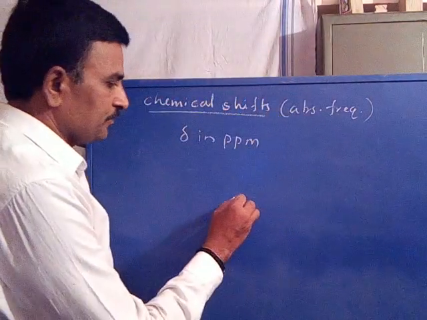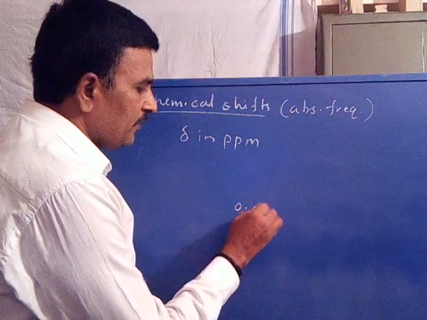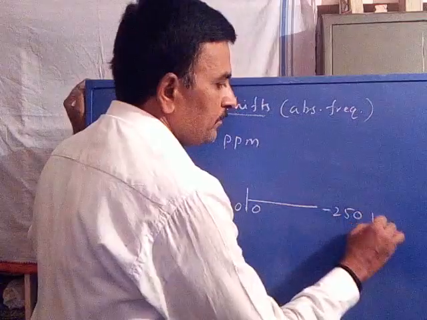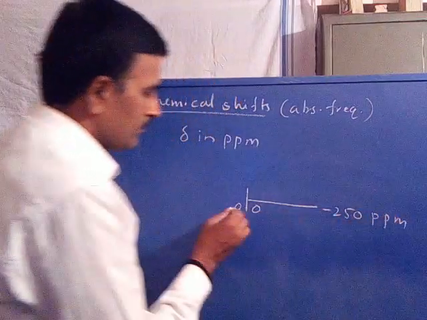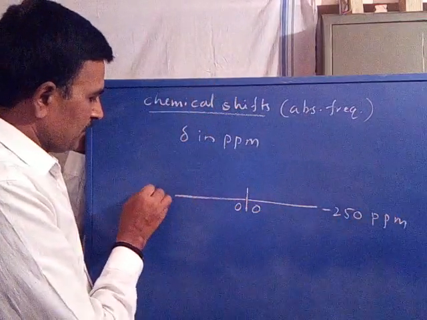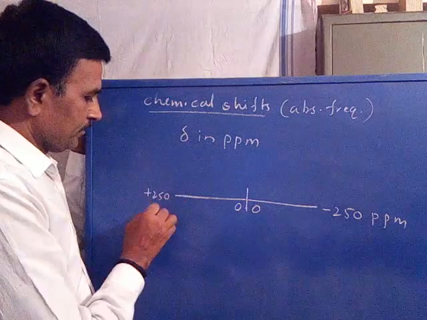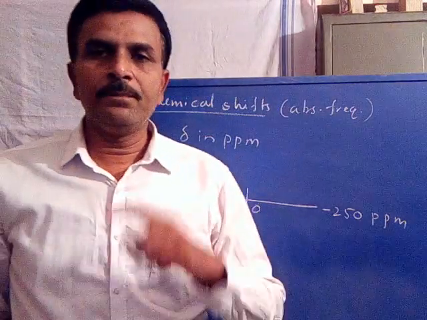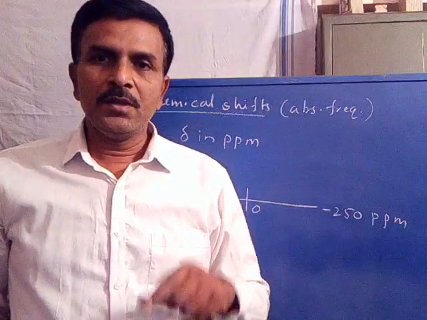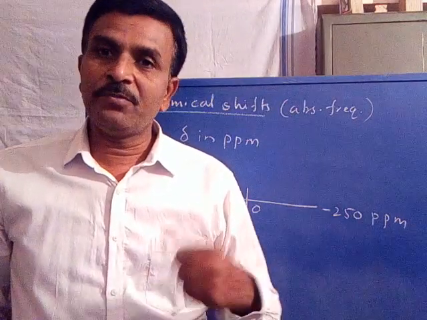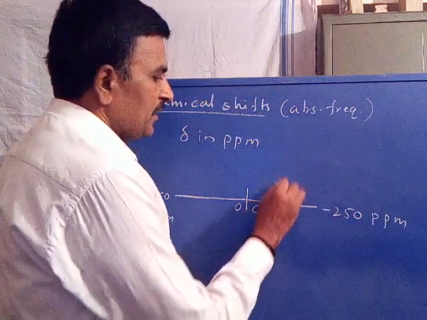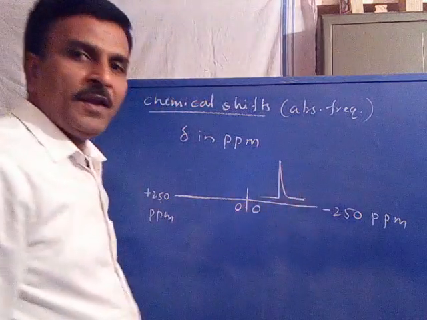This is the scale, 0.0 to minus 250 ppm, and plus 250 ppm. Now in some compounds, the absorption frequency of phosphorus lies under minus ppm, say like this, upfield.